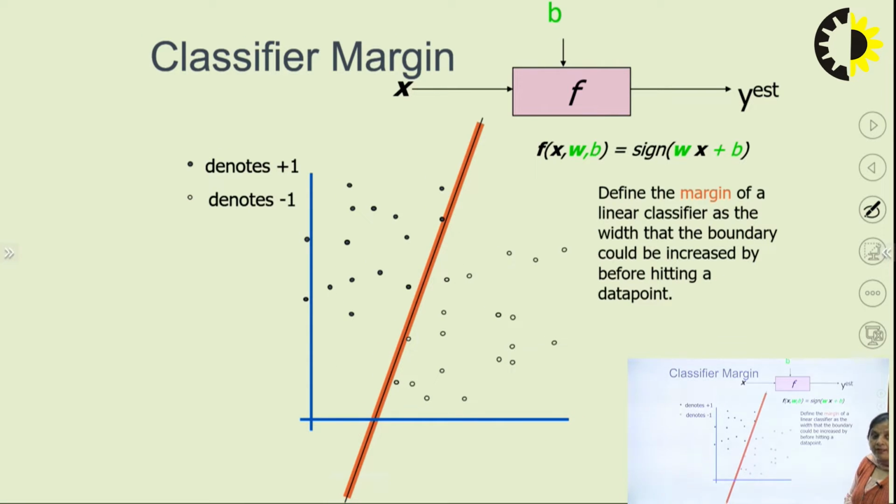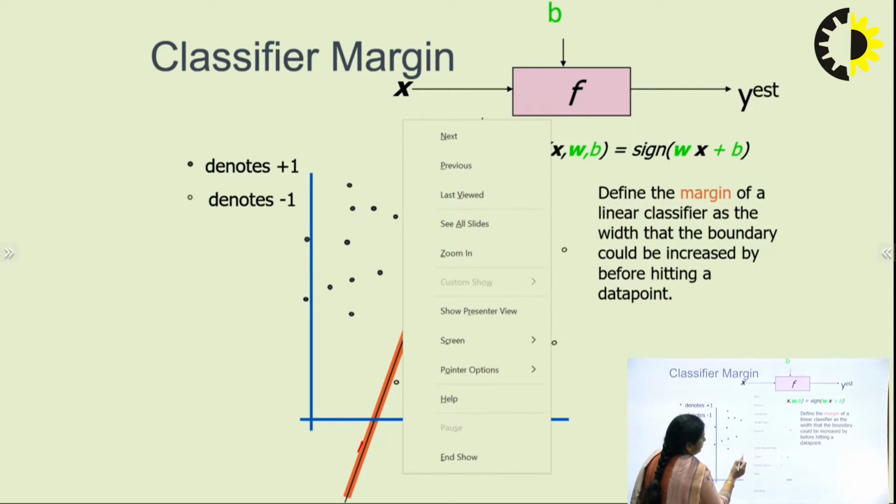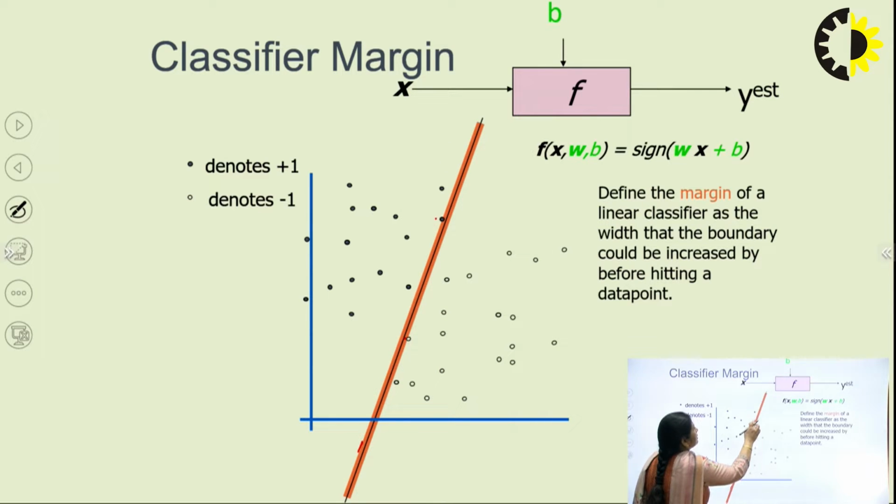So what we will try to find out here is the margin. What is the margin? This is the margin. See, this one is the classifier, this black line, and it is touching one object of the negative class and one object of the positive class.